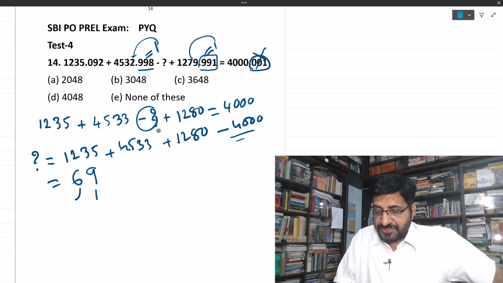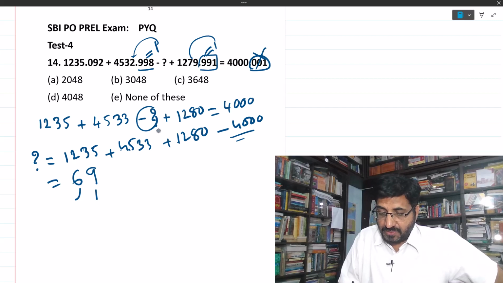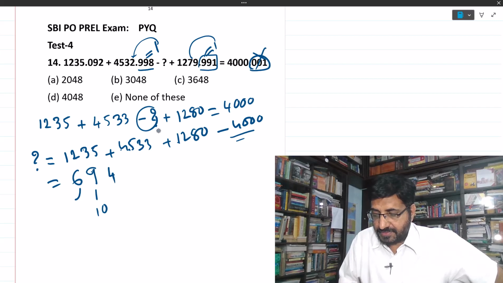Now take the tens place: 3 plus 3, 6, 6 plus 8, 14 tens are there, 1 will go to this, then this will become 10, then 4 remains, then finally 5 plus 3, 8.